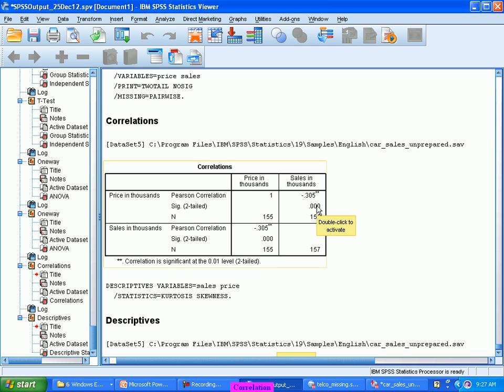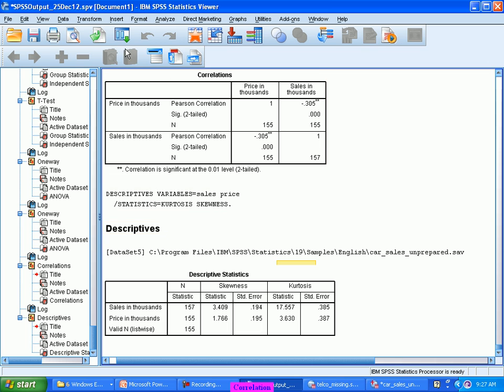If it is greater than 0.05, I don't even bother about what correlation is shown there. I'll say it is 0 only. That number that came out is a fluke number. So the correlation is 0, no relationship between the two variables. But the moment it is less than 0.05, then I'll start looking at the absolute number, and depending on that value, I'll say whether it is strong or weak, positive or negative.